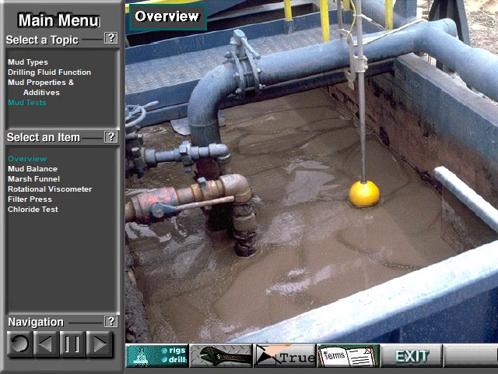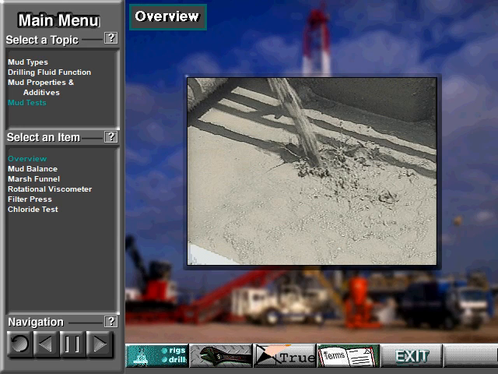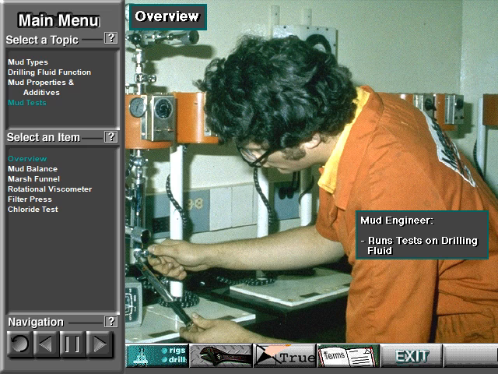We have just covered a few key points about mud additives and the properties that mud should have to allow successful drilling. On the rig, it is important for crew members to constantly monitor and maintain these properties. An important member of the drilling team is the mud engineer.